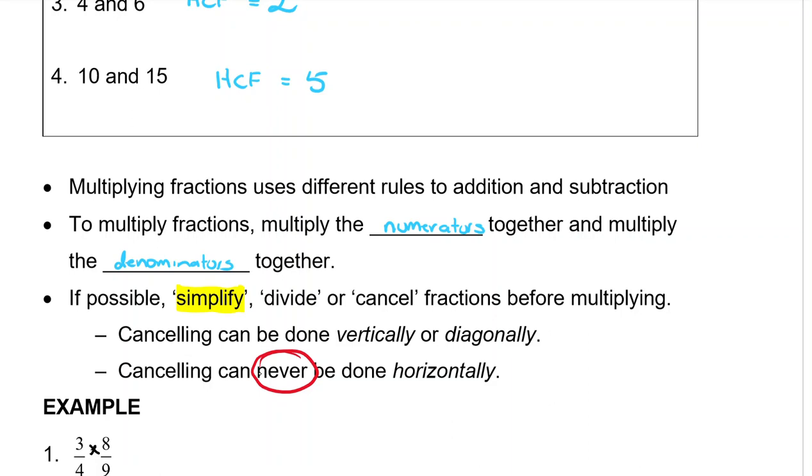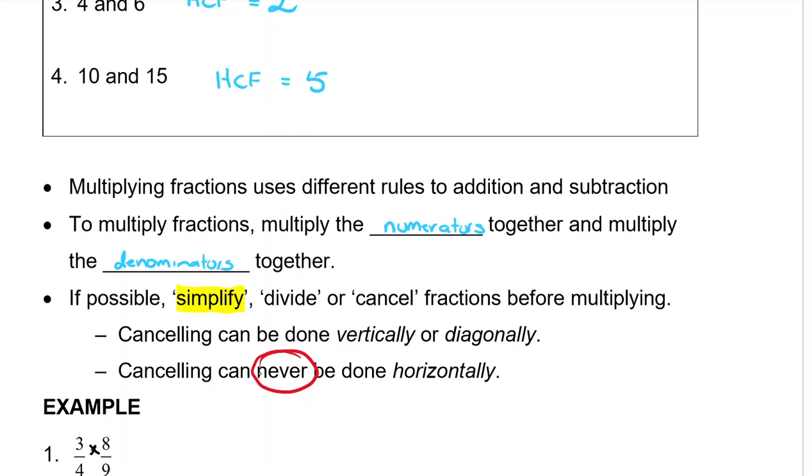You will have calculators for this test, but remember, I did mention when we're doing the adding and subtracting that the reason we have to learn these processes is because eventually, next year in year 8, you are going to have to do all this fraction stuff with algebra. There'll be letters in there as well as numbers.